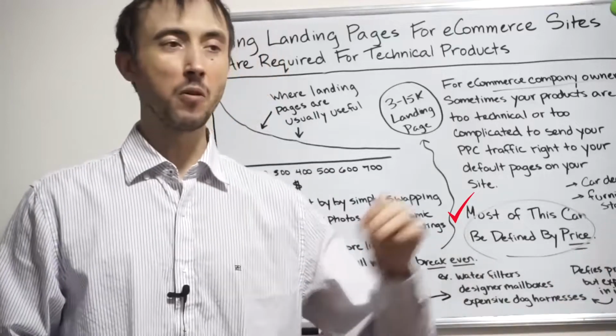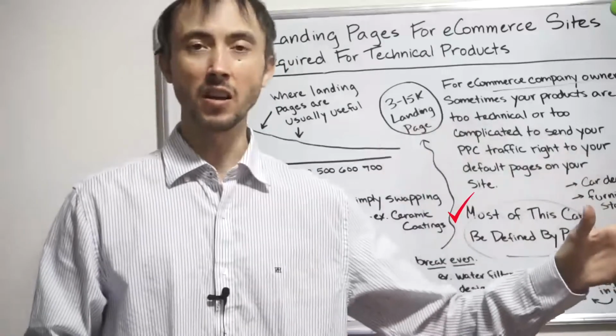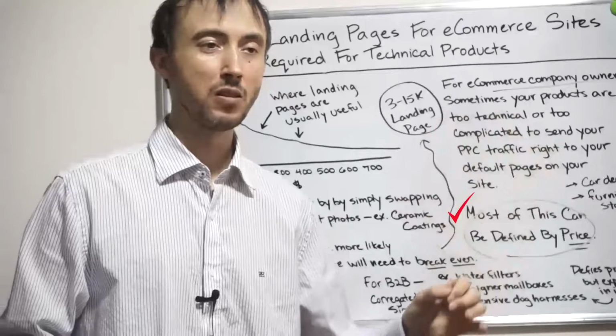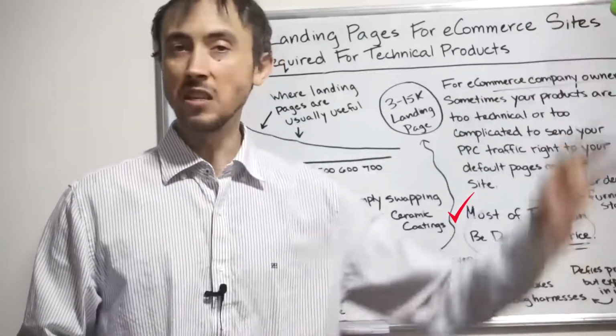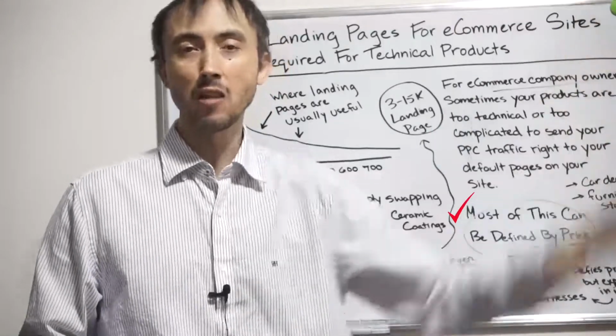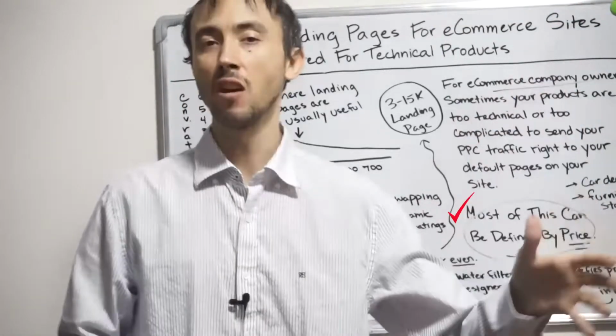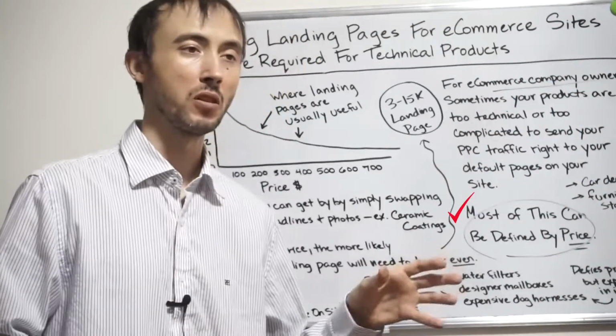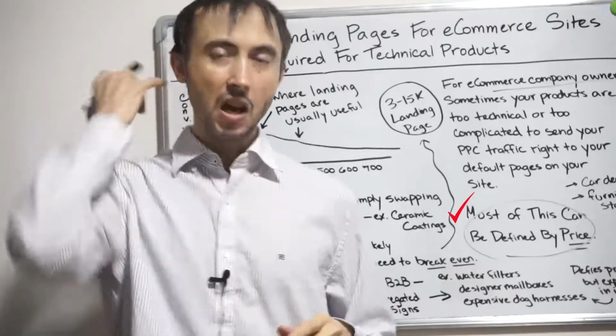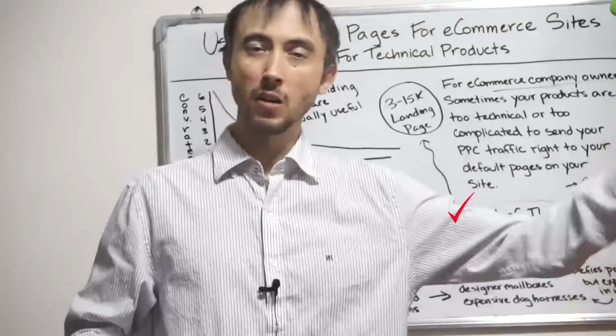And the equivalent of that with e-commerce is you have a product page on your website that you're sending traffic to. It has all the specs and the details and how to use it and how to install it and how to apply it and the warranty, the return policy, and whatever else you normally see on an e-commerce product page that you send people to. Or maybe you send people to a category page on your site.